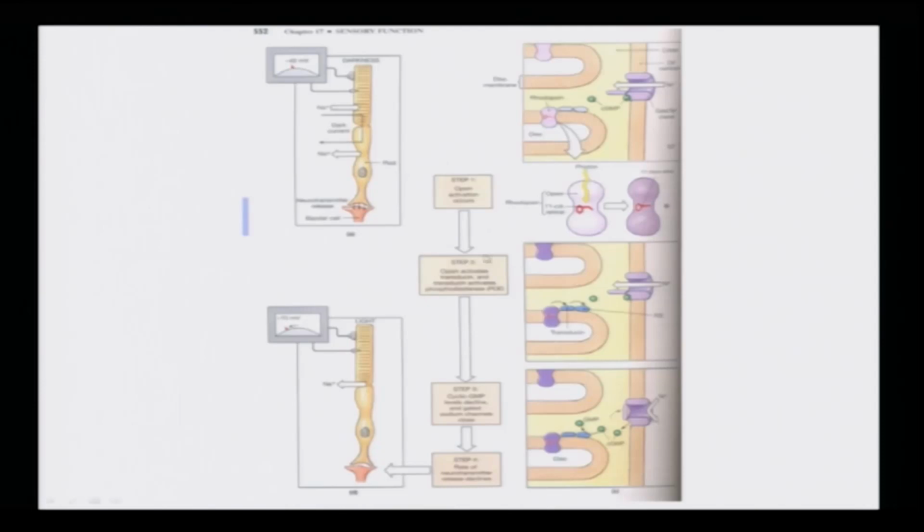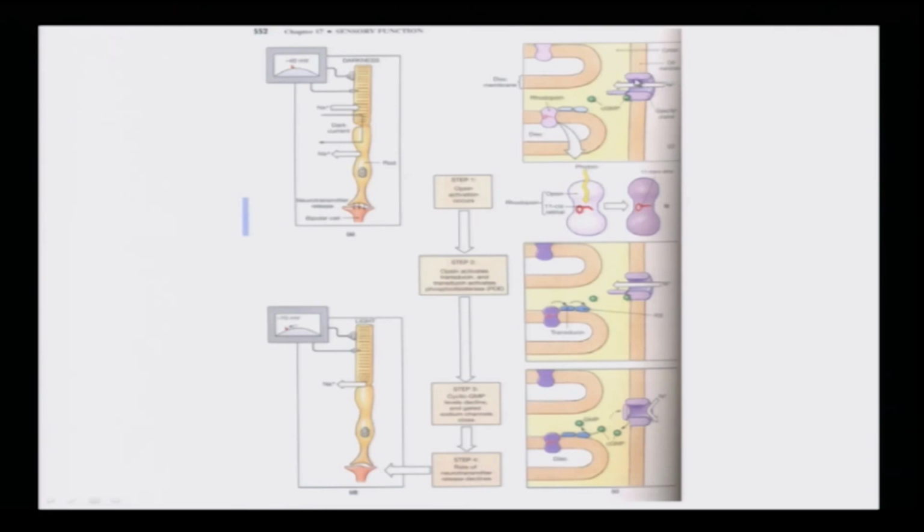So if you look at the slide very carefully, you will see the cyclic GMP level declines and the gated sodium channels close. So step 3 is very important for you to look at. This is where phosphodiesterase is binding and removing this gate. If you look at this picture, it was the cyclic GMP which is holding this sodium channel up here where I am circling.